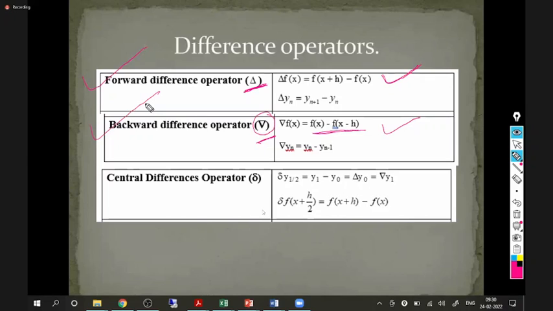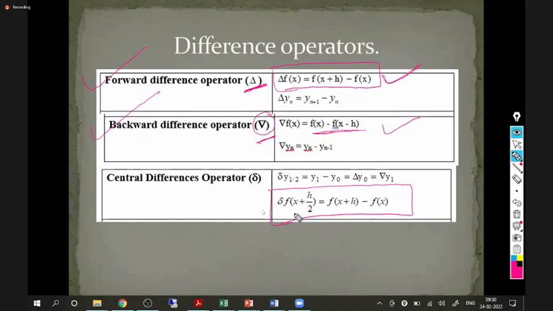So you'll observe there is a little bit of similarity in this definition and this definition. f of x plus h minus f of x is denoted as delta f x only, but this is a small delta now. This is capital delta. This is the symbol small delta.